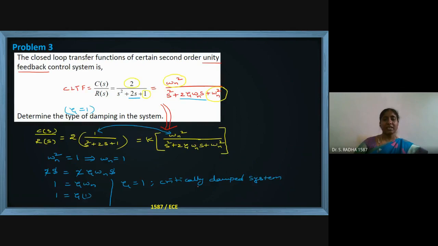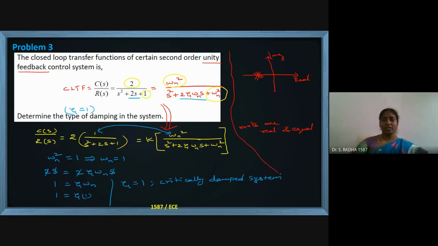In the previous case, a critically damped system means roots are real and equal. On the real axis you have to write. This is the real axis, this is the imaginary axis. Real and equal. Location of the roots, nature of the roots.